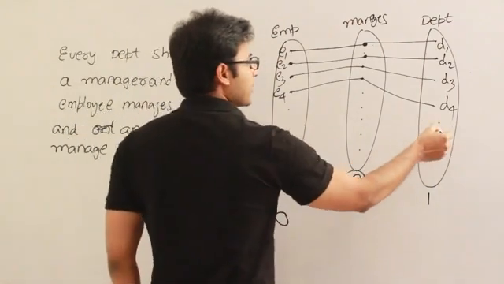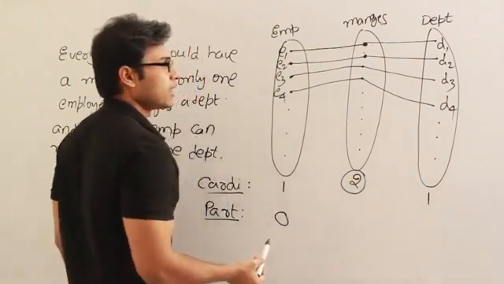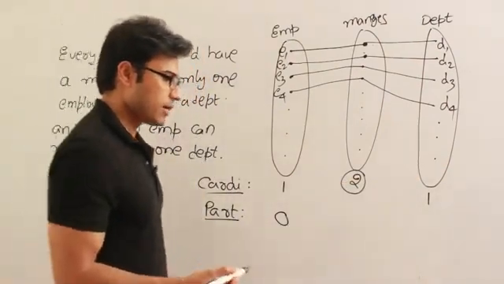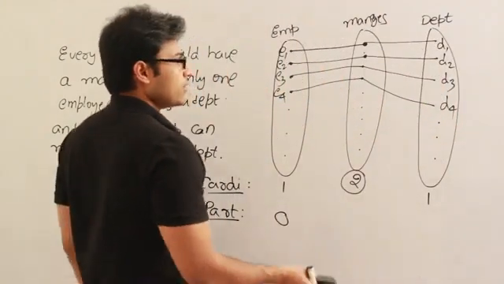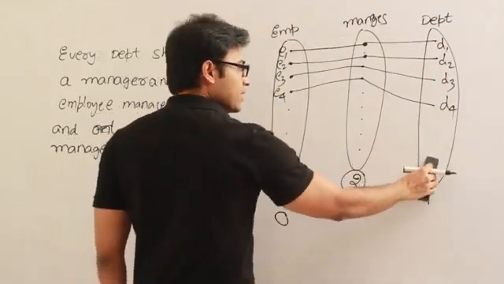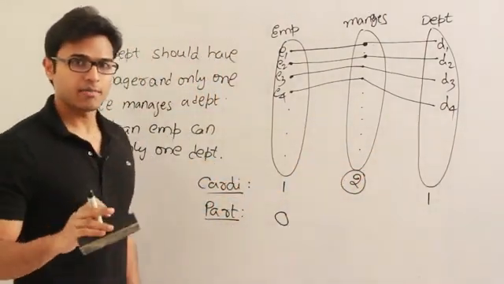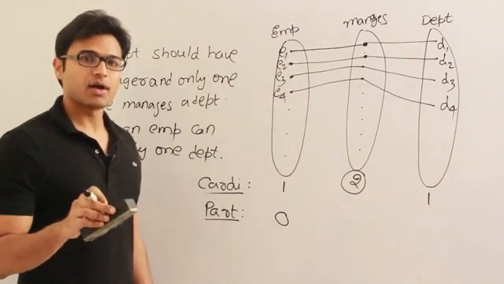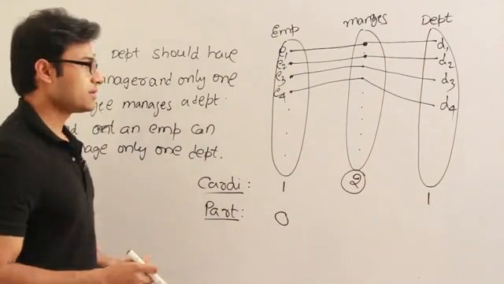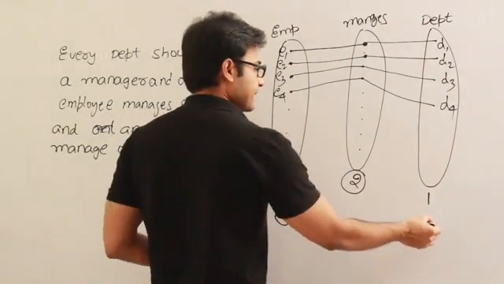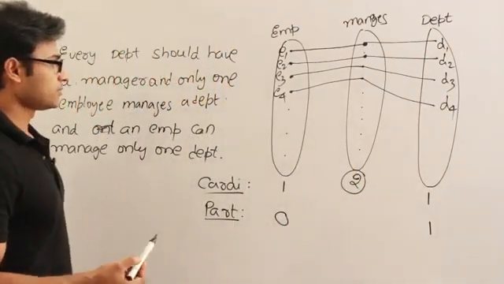What about the department entity? I told you that every department has to have a manager. If there is a department, there will definitely be a manager managing it. Otherwise, such a department will not exist. That is called the existence constraint or participation. So the participation here is 1. It means that every department should have a manager.